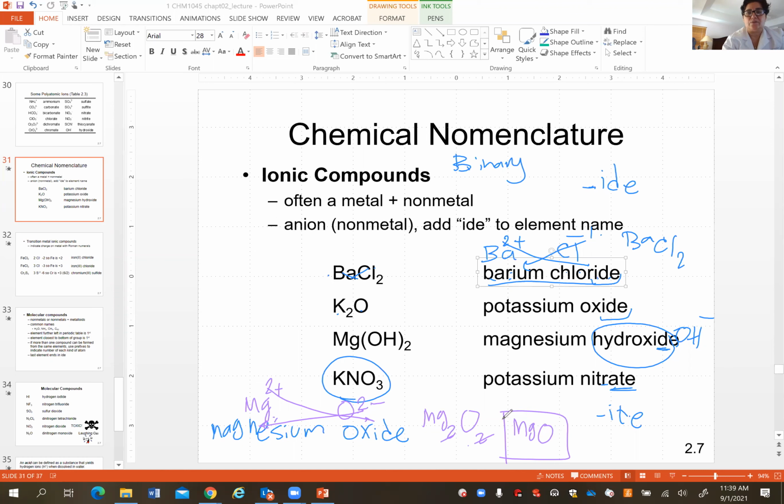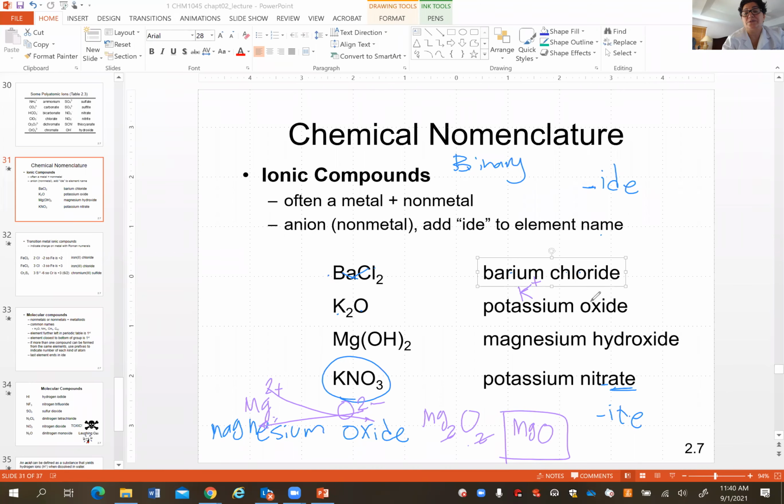The next example that we have here is potassium oxide. Potassium is in group 1A. The symbol for potassium is K. What would be the charge for potassium? Potassium is in group 1A, perfect. So that's how you get it. If it's 1A, it's going to be +1. Oxygen is in group 6A.